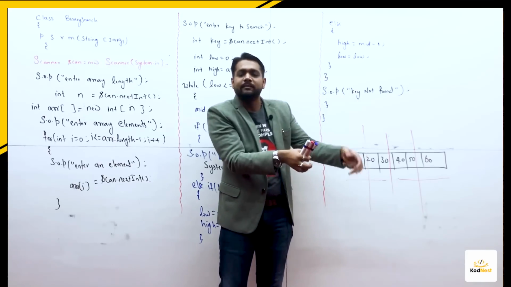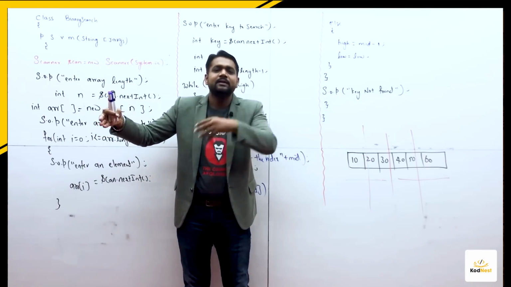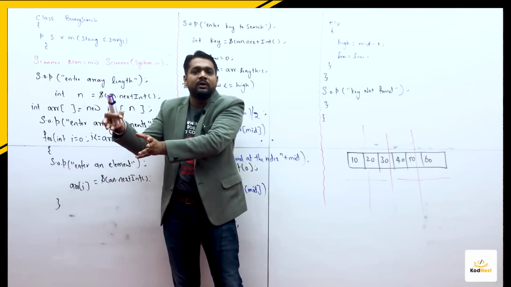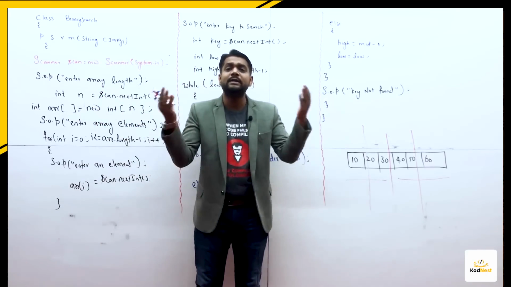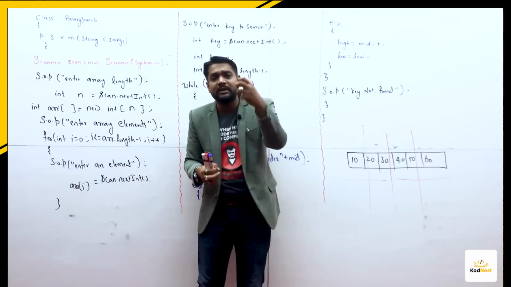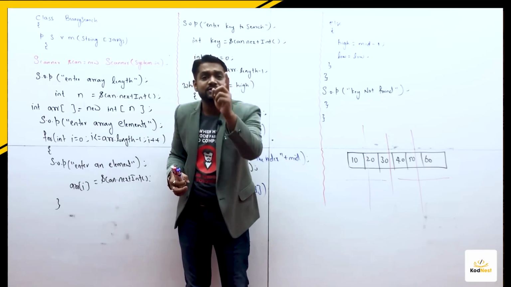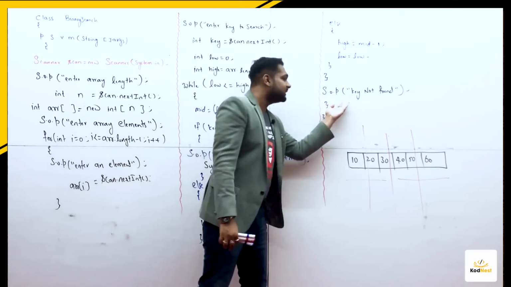Then again calculate mid and check. If it is lesser than array of mid, then make high point to one level before the mid. Then again calculate mid and continue. This process of calculating the mid, making low come this side, making high come this side, you have to repeat again and again, as long as low is less than or equal to high. If low becomes greater, immediately come out and tell key not found.